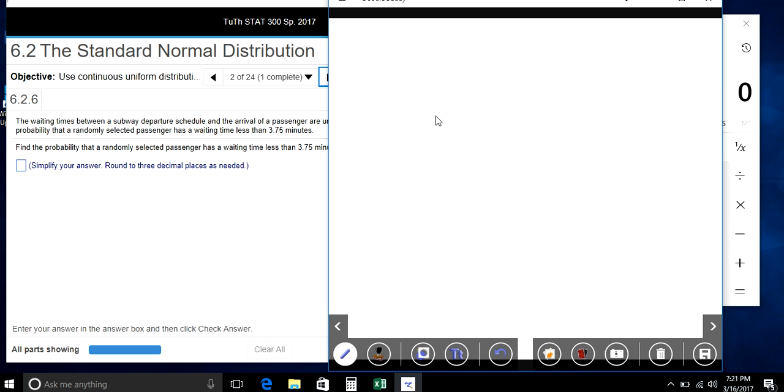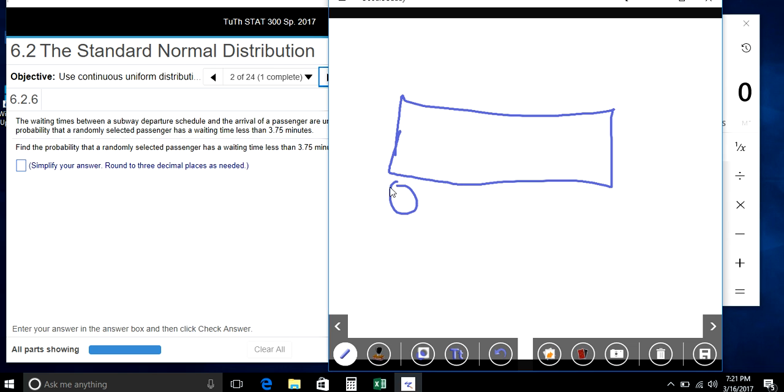The formula will be a little bit different this time, because, all right, 0, 9, 3.75. So they want everything on this side.